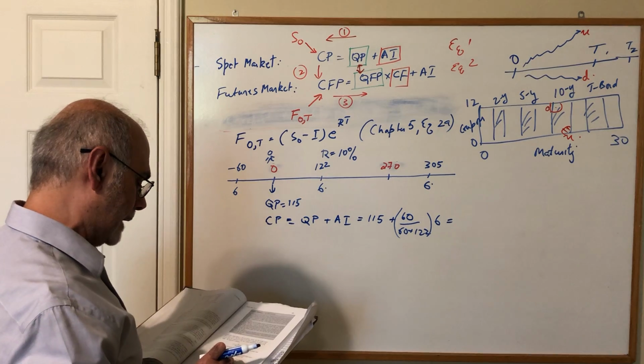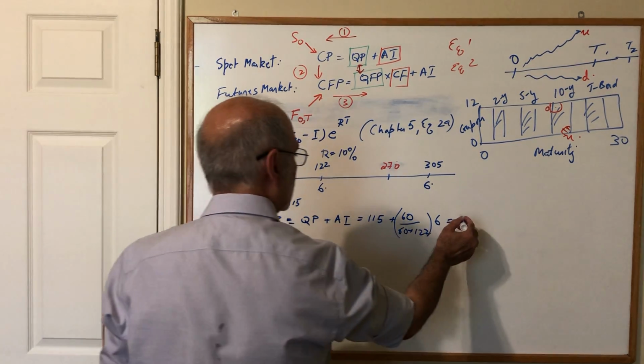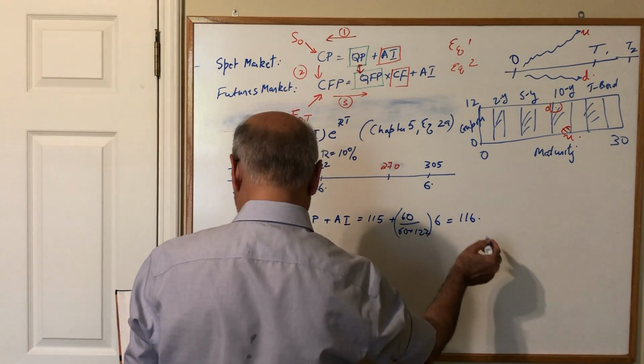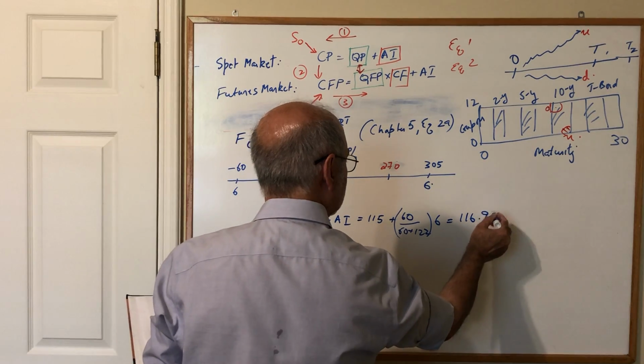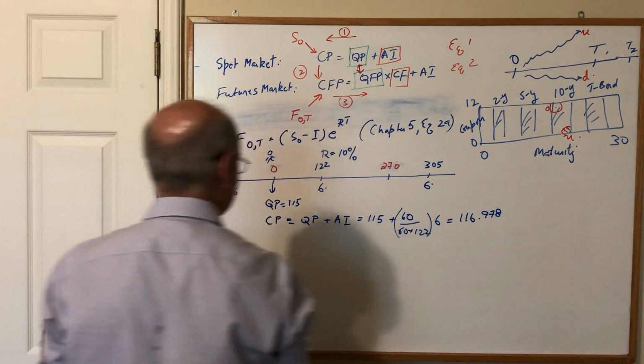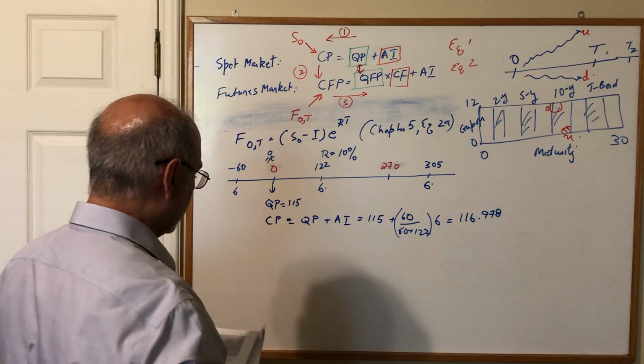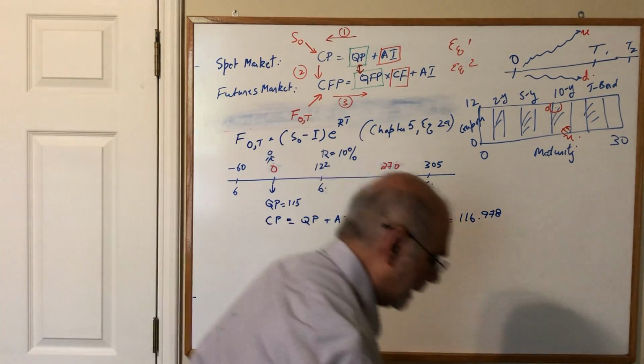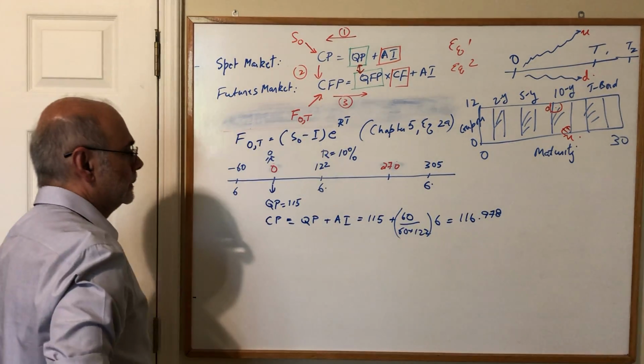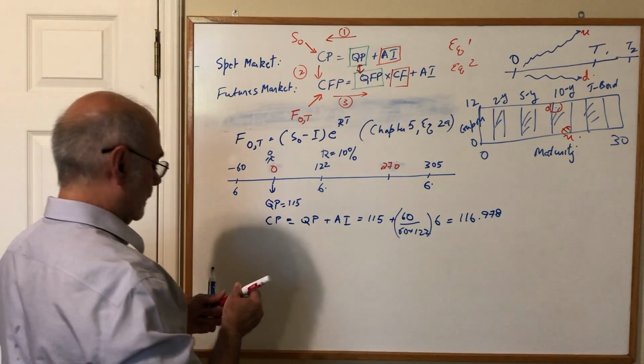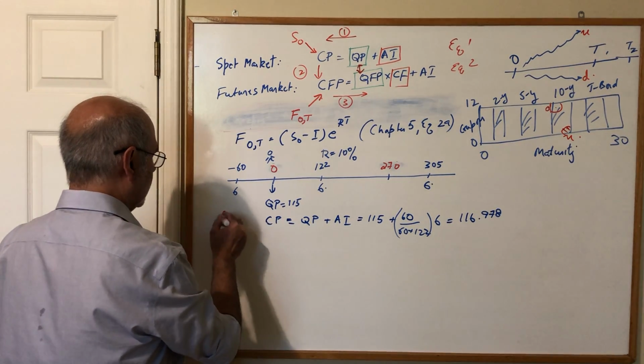It's given as 116.978. So I'm going to write that as step 1.